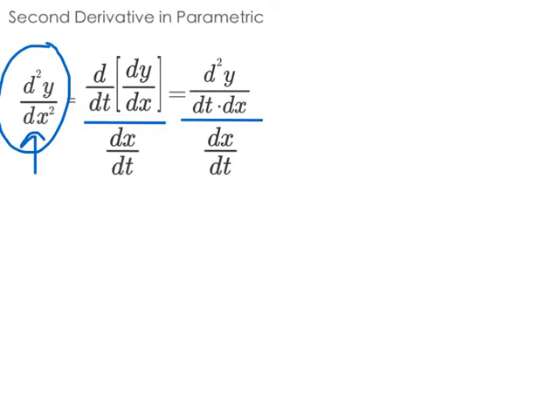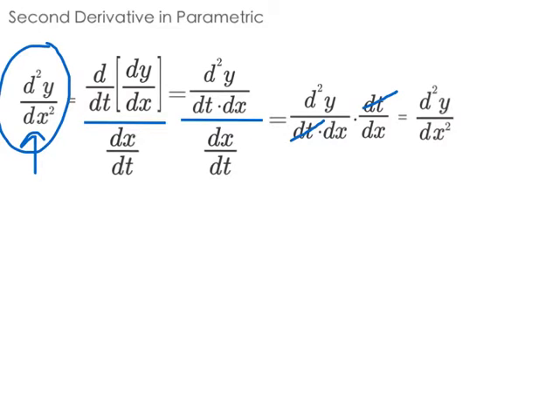I can see I have a fraction divided by fraction situation, and that means I have my first fraction multiplied by the reciprocal of the second, so that looks like this. And the differentials divide out, so the dt on top would divide out with the dt on bottom, and I would have my second derivative, my d2y over my dx squared.